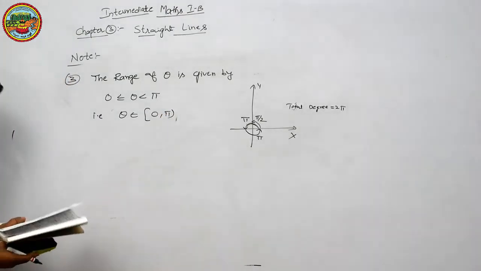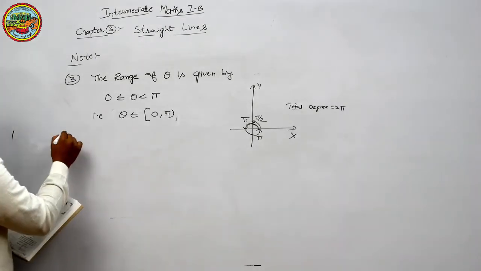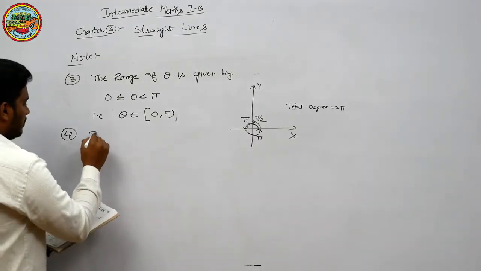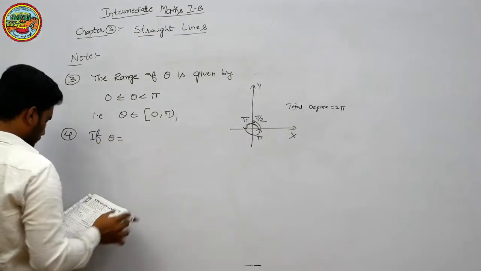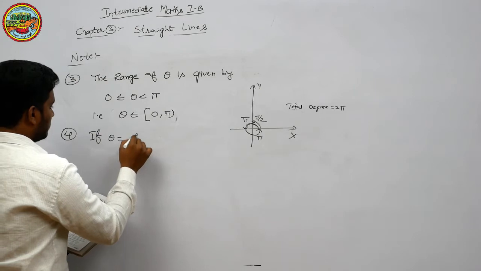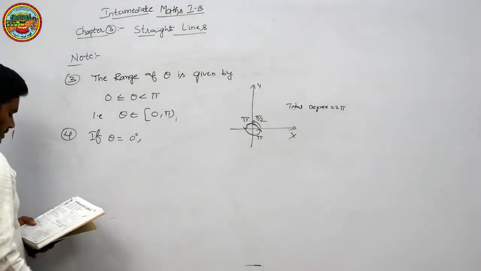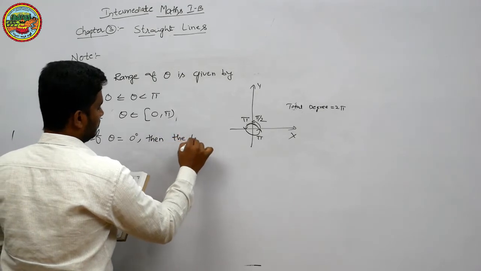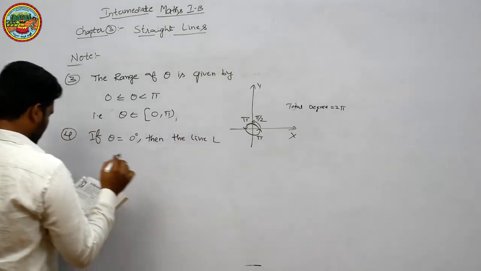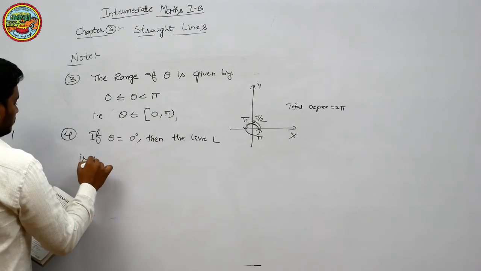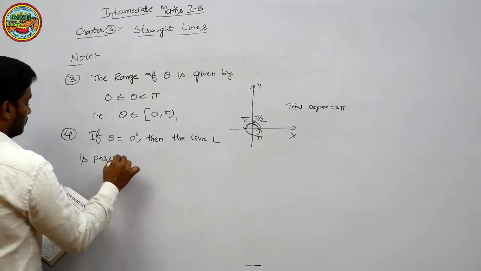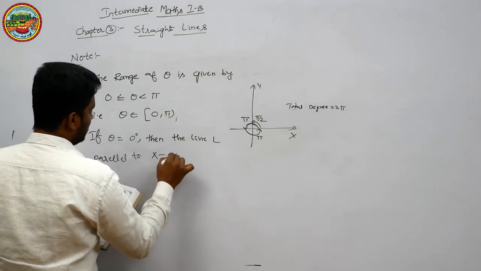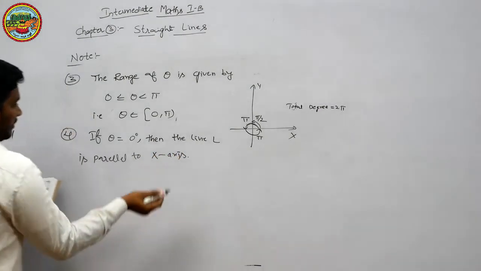Next, note number 4. If theta is equal to 0 degrees, then the line L is parallel to the x-axis. We already discussed this point previously.